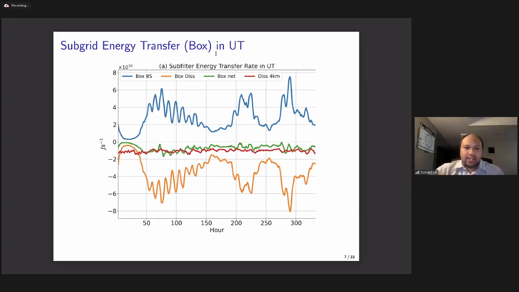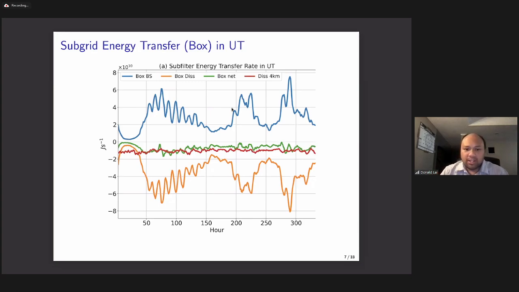Here we could see that the backscatter and the dissipation curve resemble the free aggregation period. There is a lot of backscatter and a lot of dissipation, and it actually sums up to a smaller green curve here, which is the net result of the backscatter and dissipation.